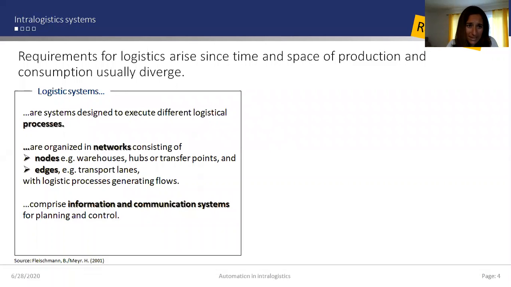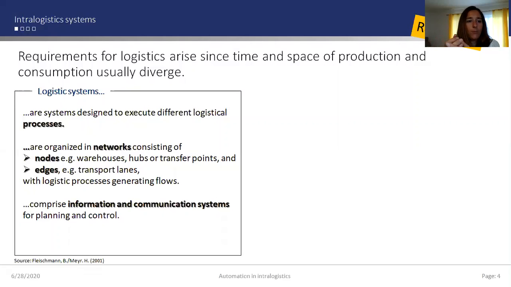Well, let's repeat the definition of logistic systems. The necessity for logistics arises because there's a gap between time and space of production, and time and space of consumption. So you somehow need to execute logistical tasks.